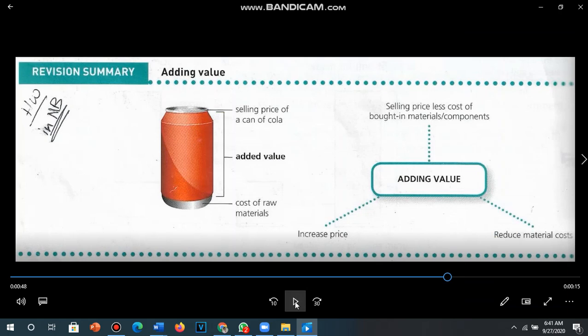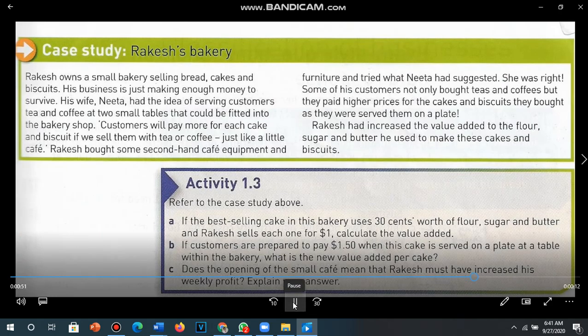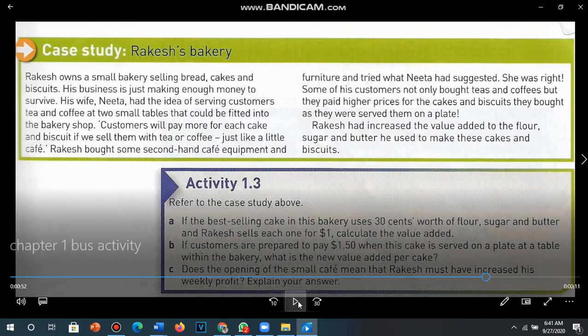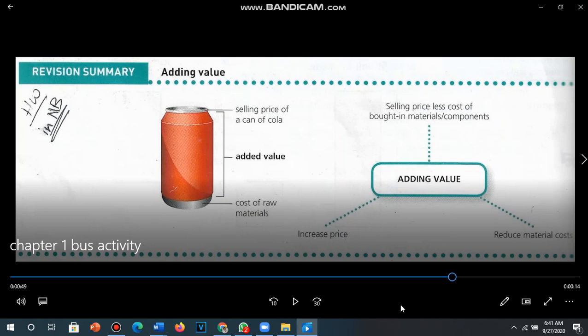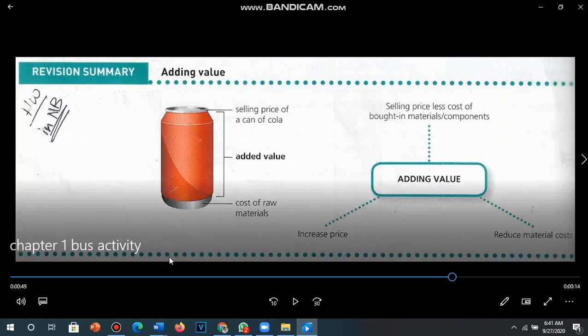The added value is the difference between the selling price of a product and the cost of bought in materials and components. See, we have here the added value, the value added to the product.